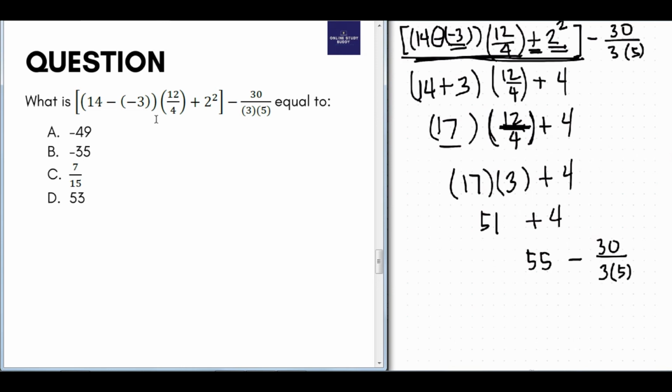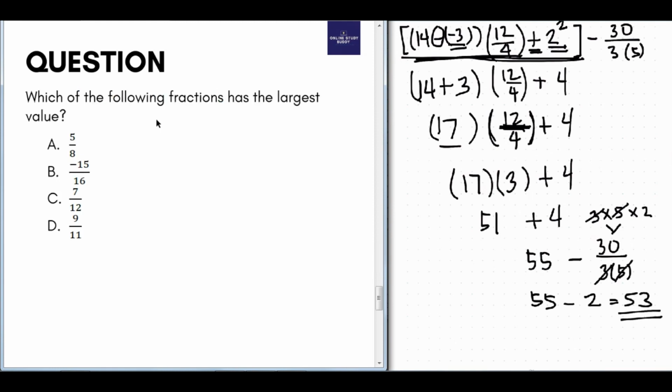So, 30, pwede natin siyang ma-express na 3 times 5 times 2. Since 3 times 5 is 15 times 2 is 30. So, yung 3 times 5 sa baba, makakancel lang. So, matitira sa atin is 2. So, 55 minus 2 equals 53. Letter D.